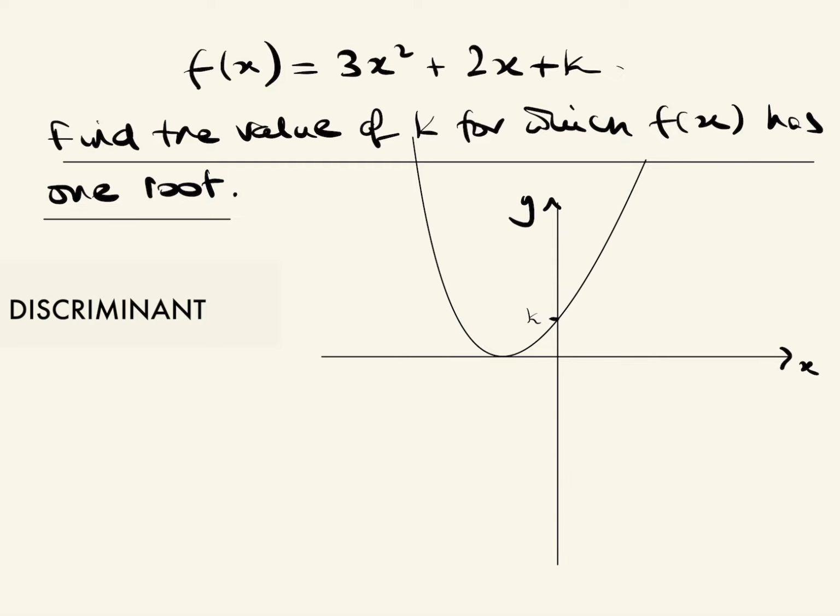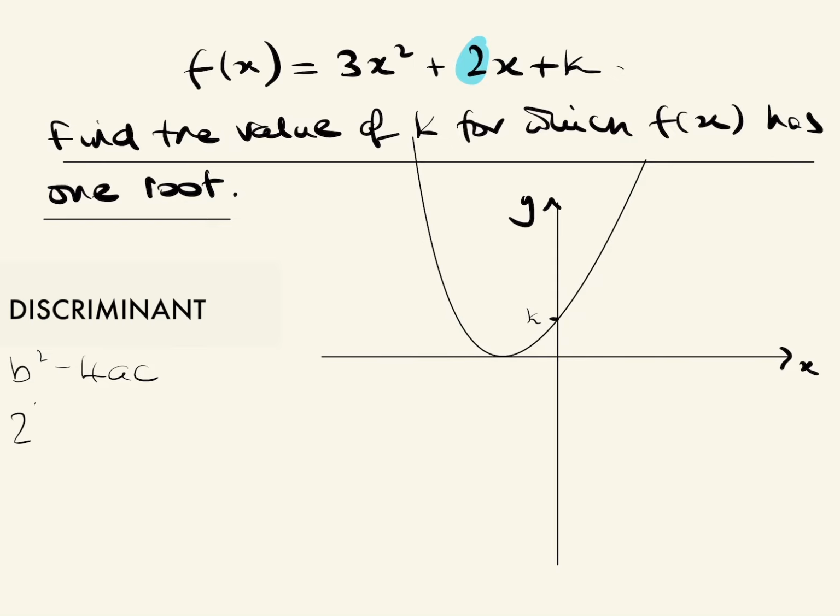So I'll not go into the details of that, but I will tell you that it's b squared minus 4ac, and that's the little bit under the square root in the quadratic formula. And it's really important for this, and it's called the discriminant. Now then, what is the discriminant? Well, b in the discriminant, that's this number here, the coefficient of the x term.